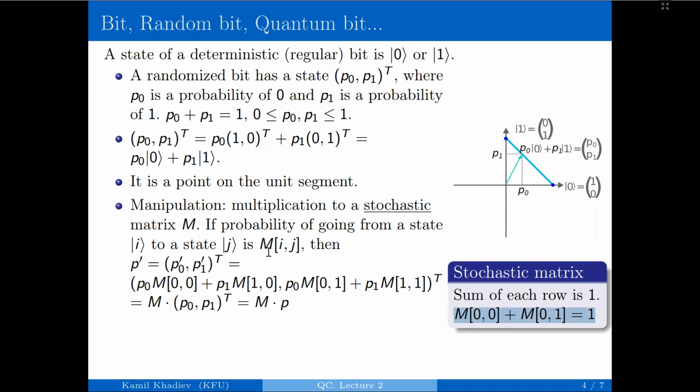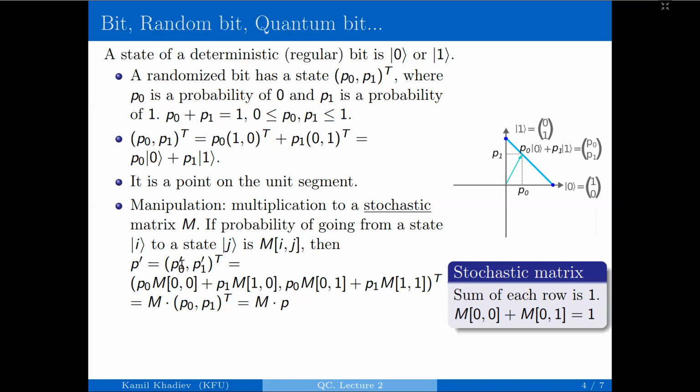For our random bit, this is a 2 times 2 matrix such that the element Mij is the probability that we have been in state i and move to state j.